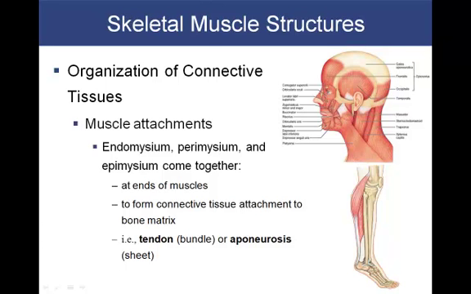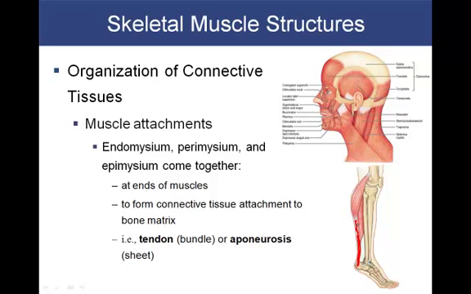When the endomysium, the perimysium, and the epimysium come together at the ends of a muscle, they form tendons or aponeuroses, and we'll look at both of these. A tendon is a connective tissue that connects a muscle to a bone.